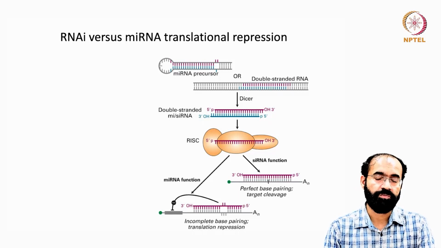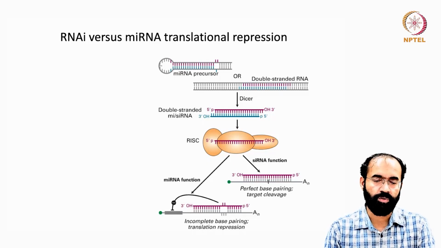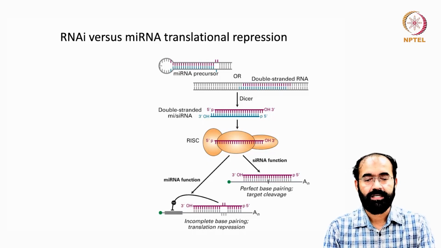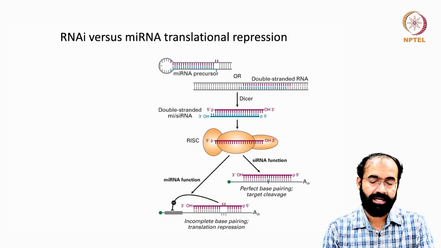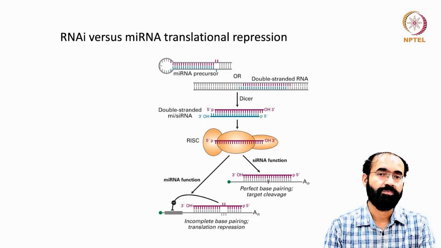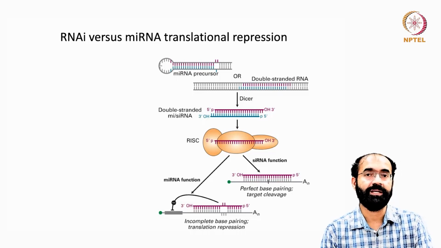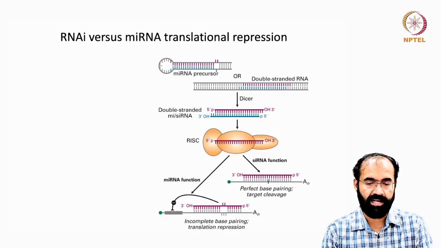They are of the order of 22 nucleotides, and they have a 3' OH and a 5' phosphate on both the ends. This double stranded microRNA, we can call it an siRNA also, because there is not much difference between the two except for the target binding, except for the mechanism in which they go and recognize a target.